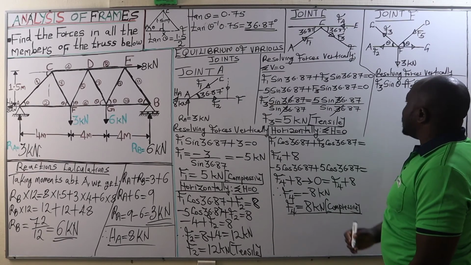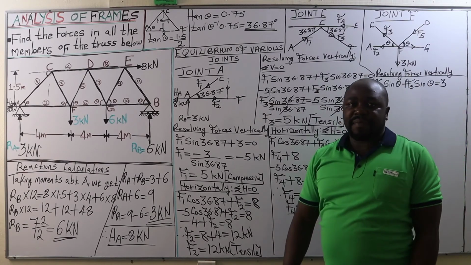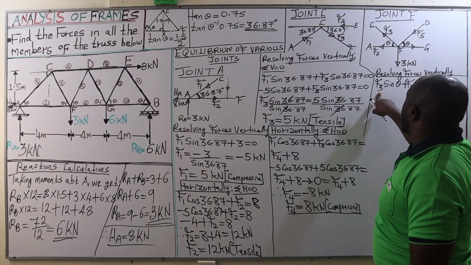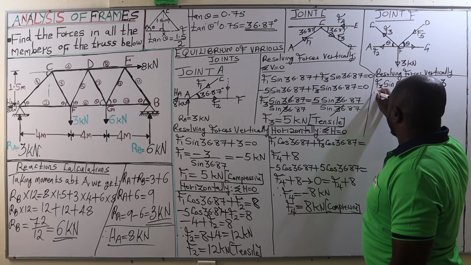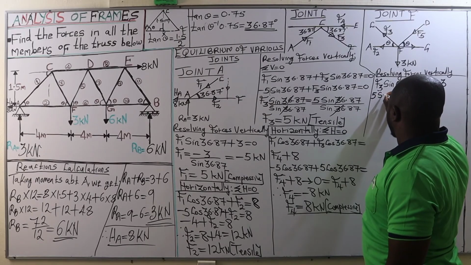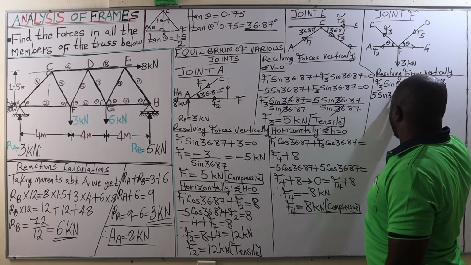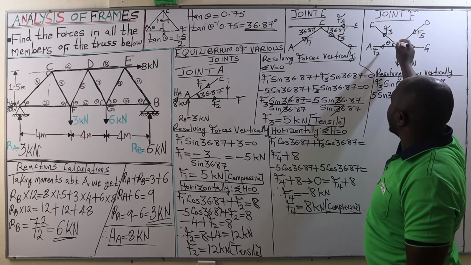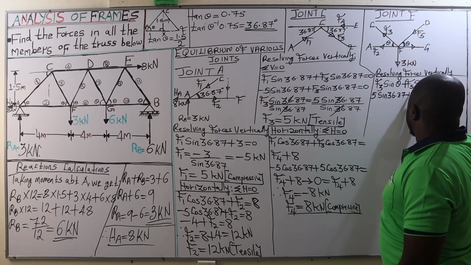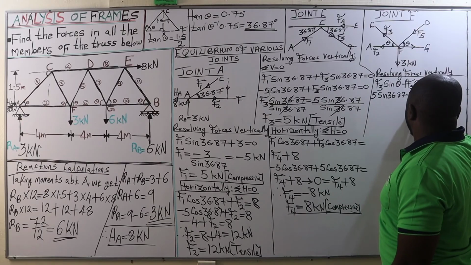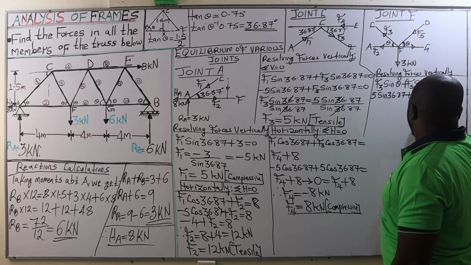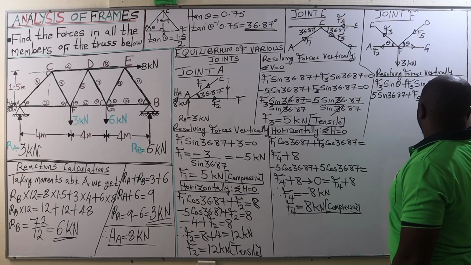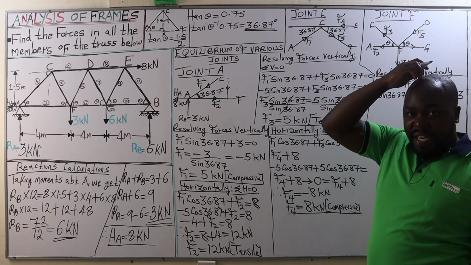Therefore, that's going to be 3. Now, the value of F3 is 5 multiplied by sine 36.87, because that is the value of angle theta, plus F5 multiplied by the sine of 36.87, that one is equal to 3.